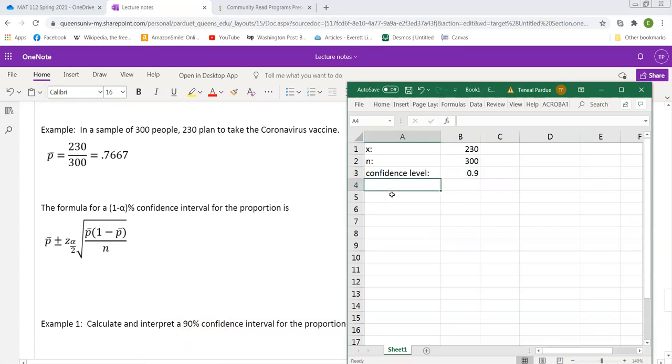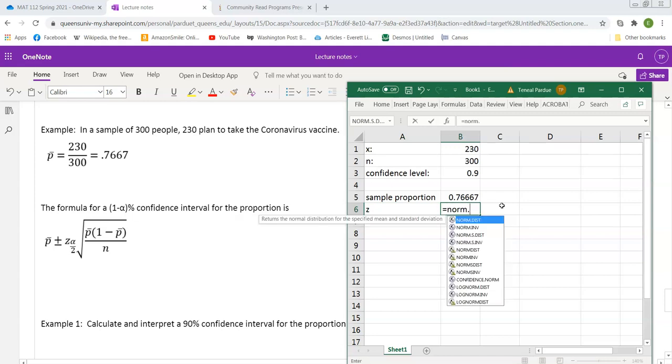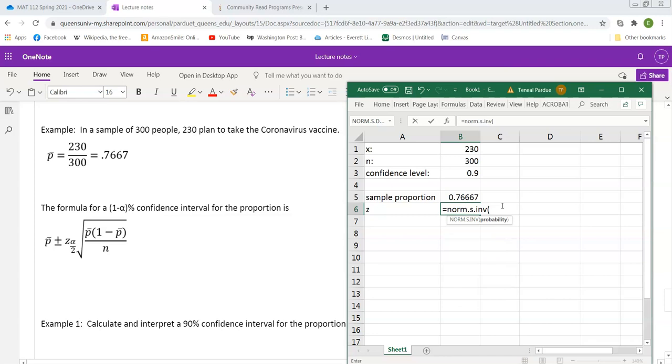So this is our first problem. The first thing we want our template to do is calculate the sample proportion. The sample proportion is just going to be X out of N. Now, if you remember, we need to find Z. When we did this before, we did norm.s.inv, and we need the tail probability.